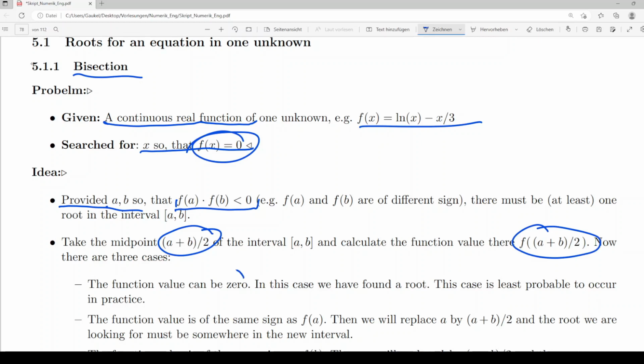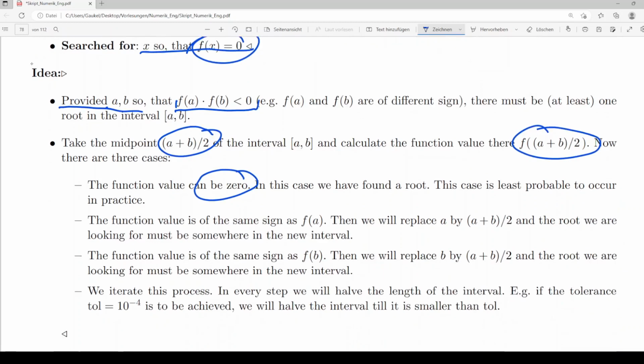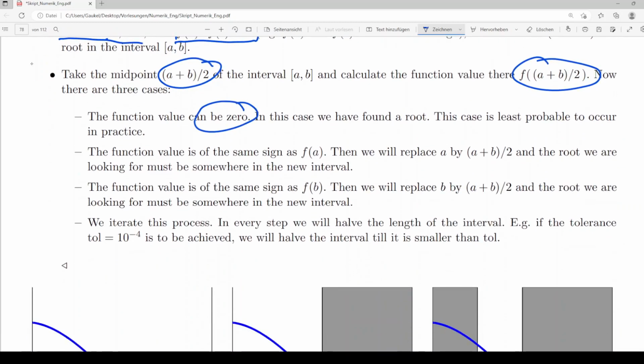The function value can be 0. We did not talk about that so far, but what if this function value is 0? This is what we are looking for, so this would be a very lucky case. If the function value is 0, we found the root, but in numerical examples this will almost never happen.